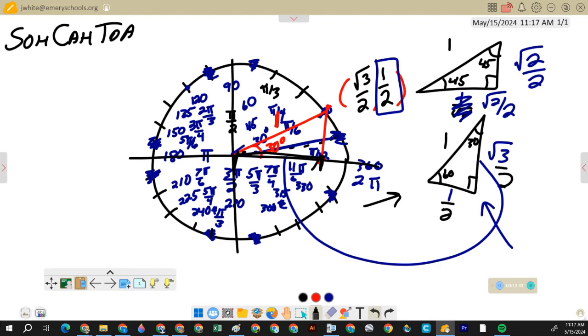What about this triangle? If that is a 45-degree angle, what is the x value? Well, I look at my 45-degree triangle, this one right here. Root 2 over 2 is the x. What is the y value? It's also root 2 over 2.